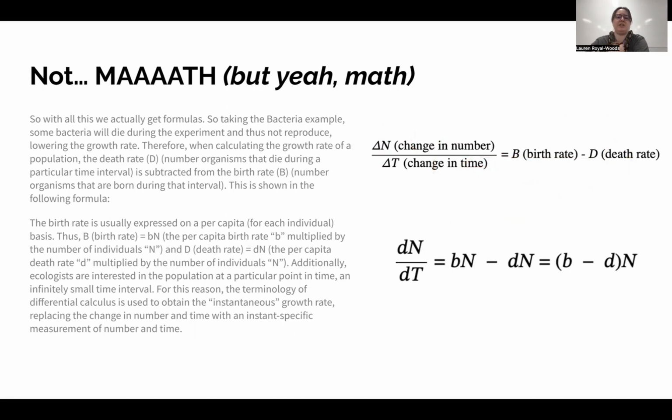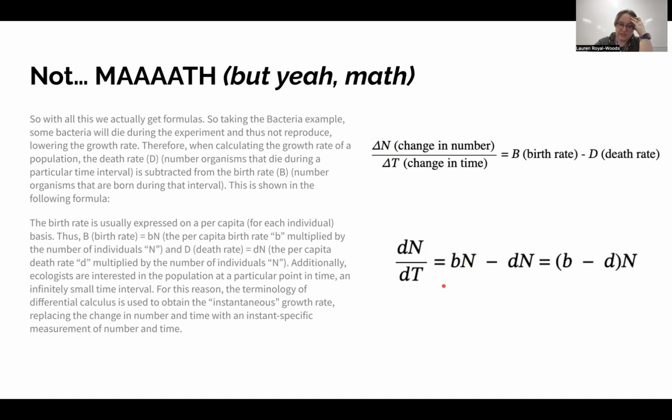This is the basic formula for figuring out how your population's changing. Then we can stick some other things in. And this is where, if you're not a math whiz like me, you start going, oh God, my eyes. So sometimes birth rate is based on per capita. So the B, the birth rate, and BN is the per capita rate. Again, we're not getting perfect numbers here. And the number of individuals in a population is N. So whenever you see N, that's the population.